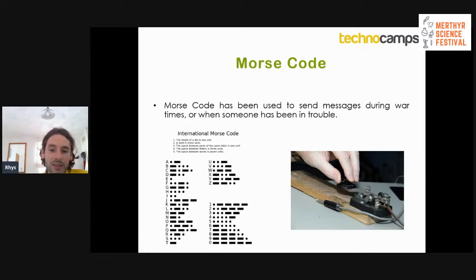And we've got different sets of signals for each letter, and we could do it with lights, with sounds, okay? And each of those different signals combine together to make different letters, and then we can combine a bunch of different signals together to make a word, to make a message to be sent. Okay, so Morse code is a good example.